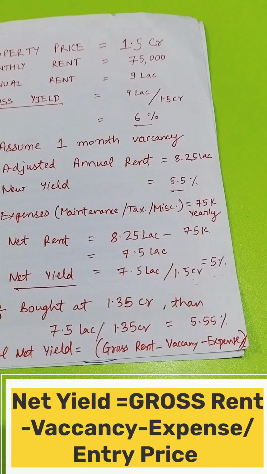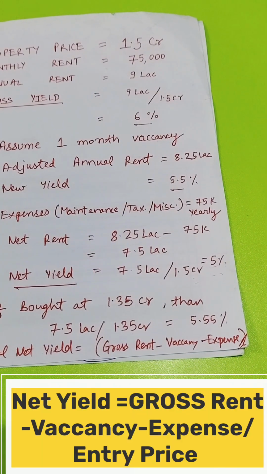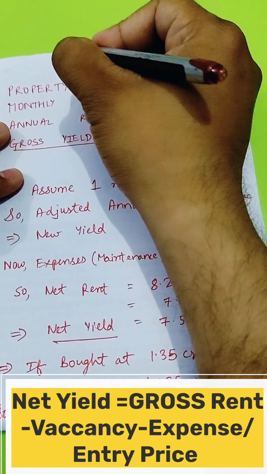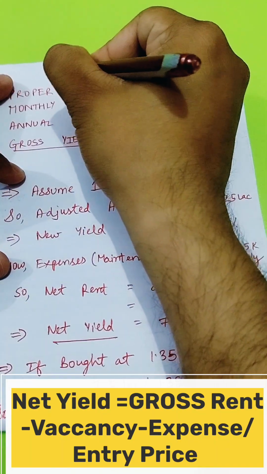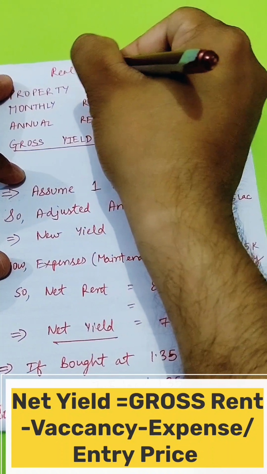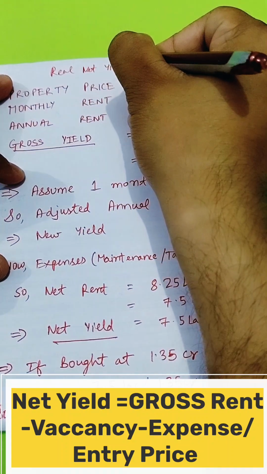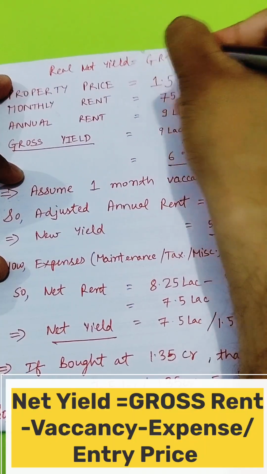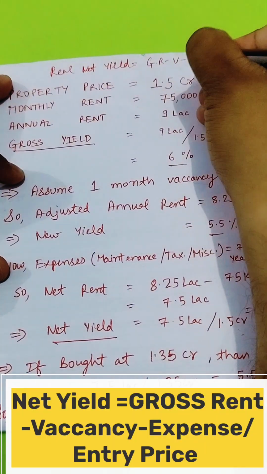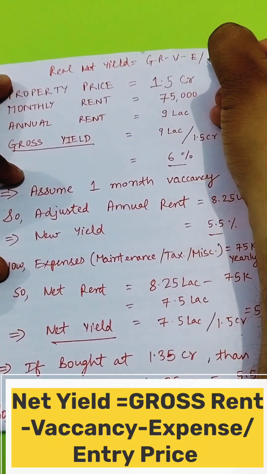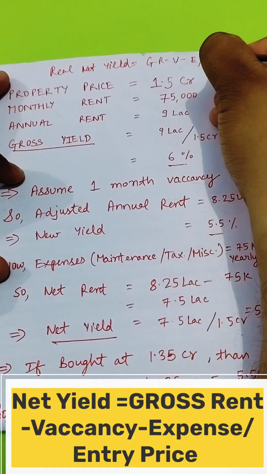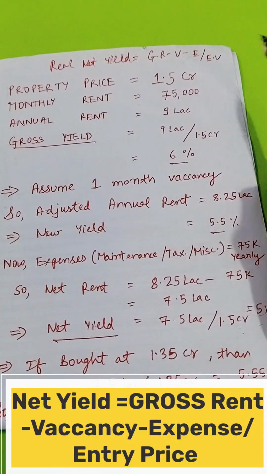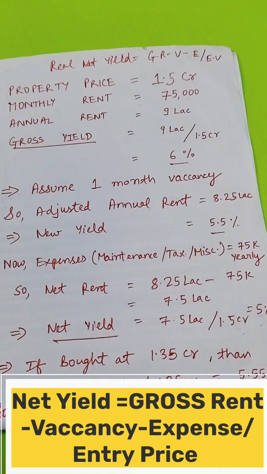So real net yield is equal to gross rent minus vacancy minus expenses divided by property entry value. So this is our real net yield.